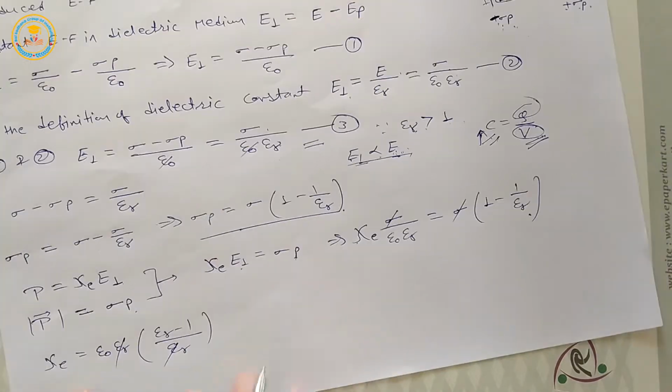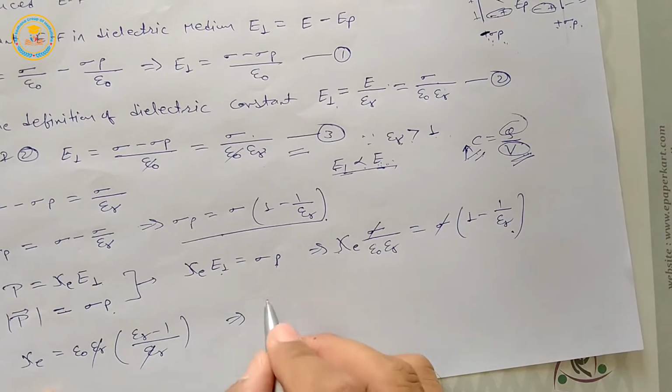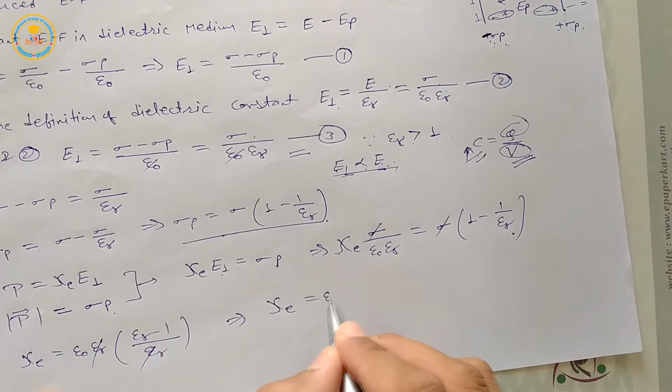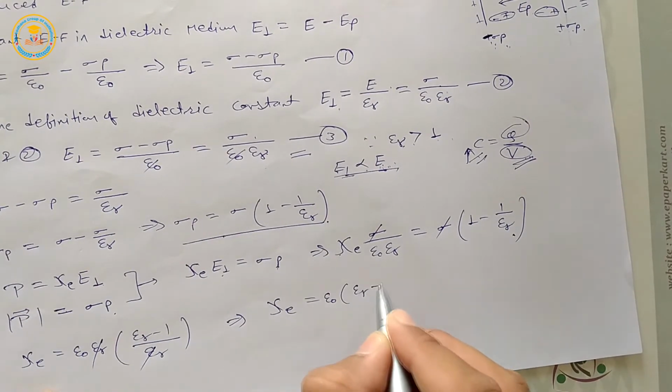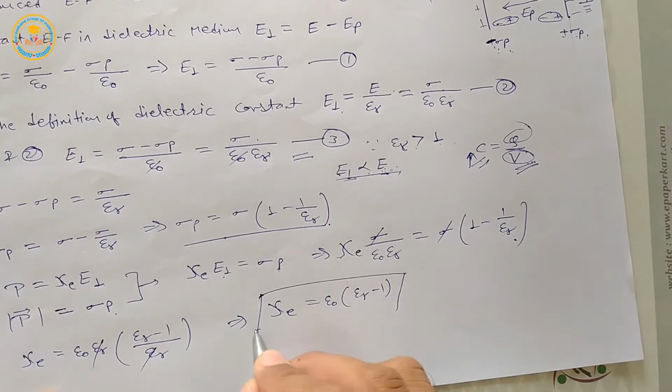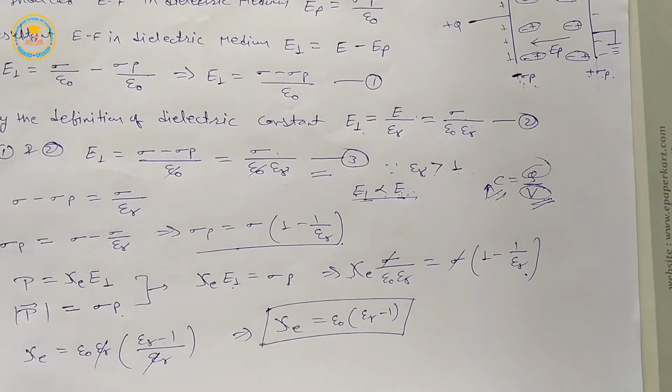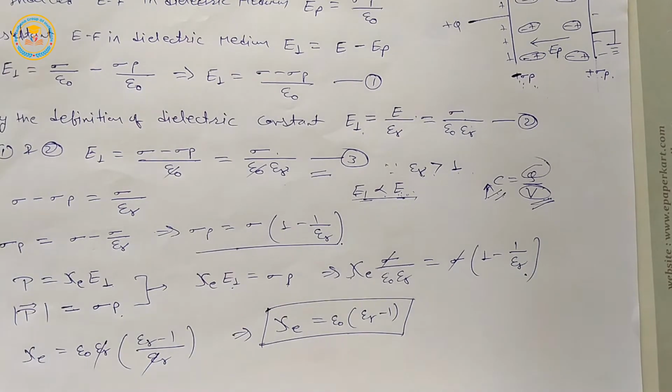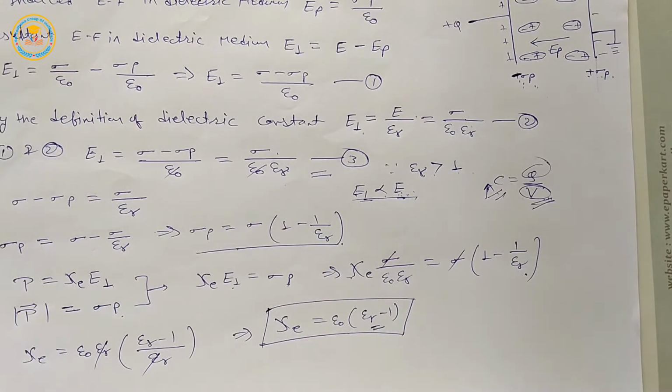Epsilon r cancels out, then we get chi e is equal to epsilon naught into epsilon r minus 1. This is the relation between electrical susceptibility and dielectric constant epsilon r.